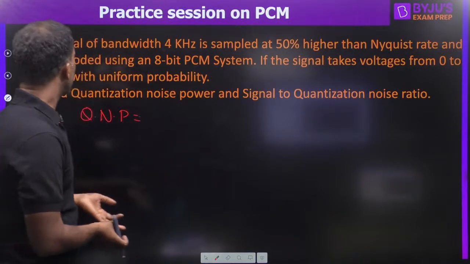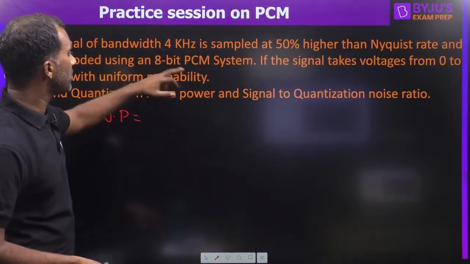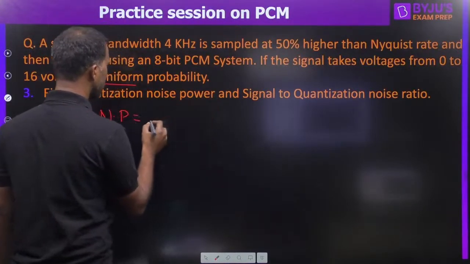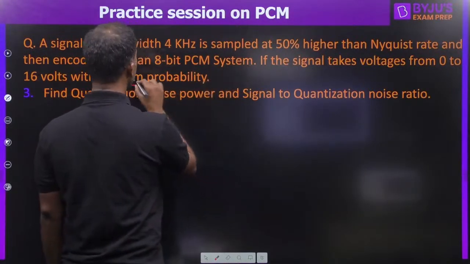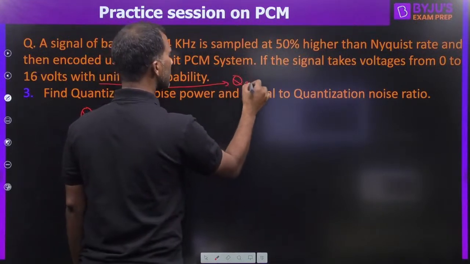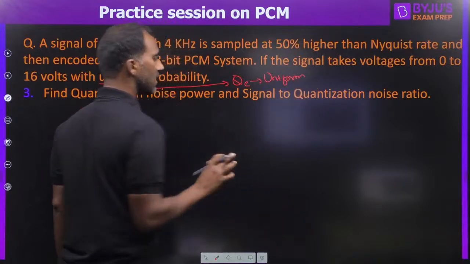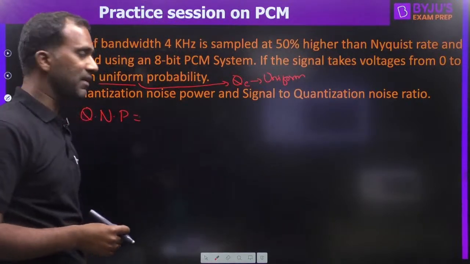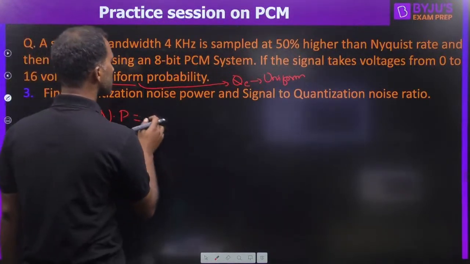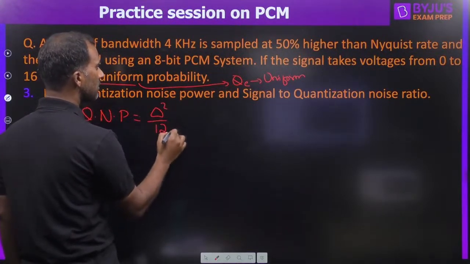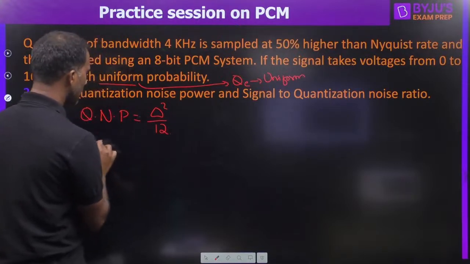Because the signal has uniform PDF, quantization error also will have uniform PDF, because X and QE have a linear relation. So if QE is uniform, we know the quantization noise power is del square by 12. Right?